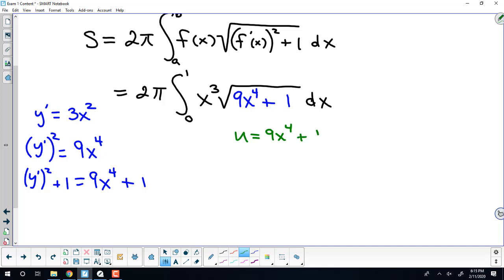Take the derivative of your substitution. And we just want the x cubed dx here. So we've got du over 36 is x cubed dx.